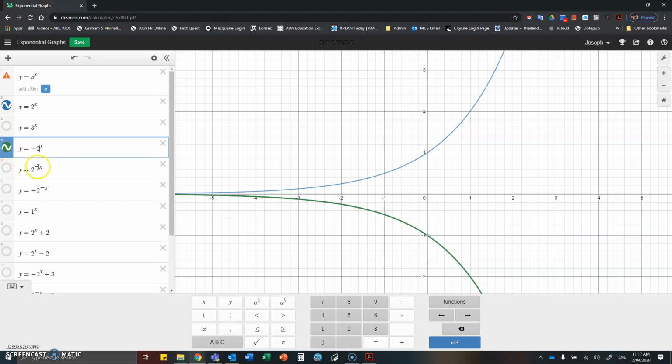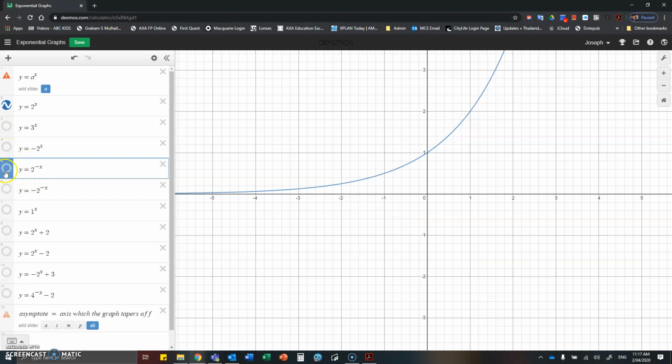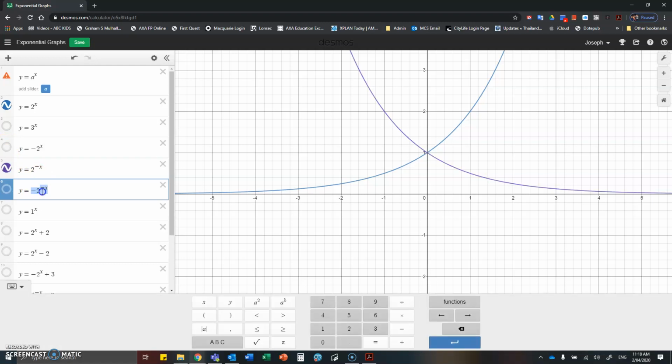The next one is, what happens if we make the exponent negative? Well, let's have a look. We'll see that it is reflected about the y-axis. So your y-axis is now your mirror line, and there's a horizontal reflection taking place. Then obviously if we have both the a value and the exponent negative, it's going to be reflected about the x-axis as well as the y-axis.